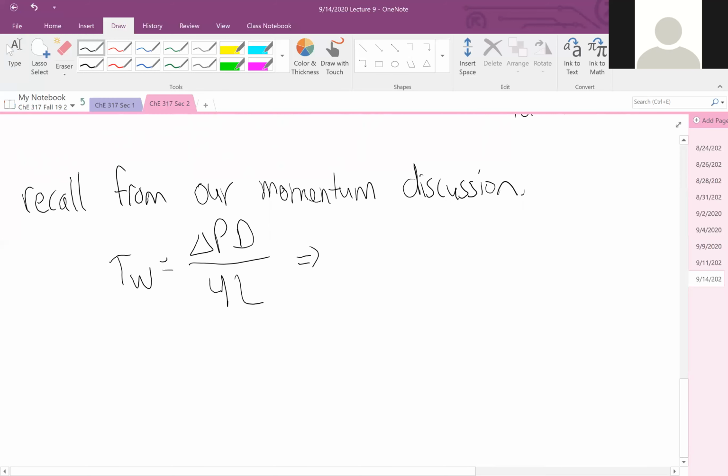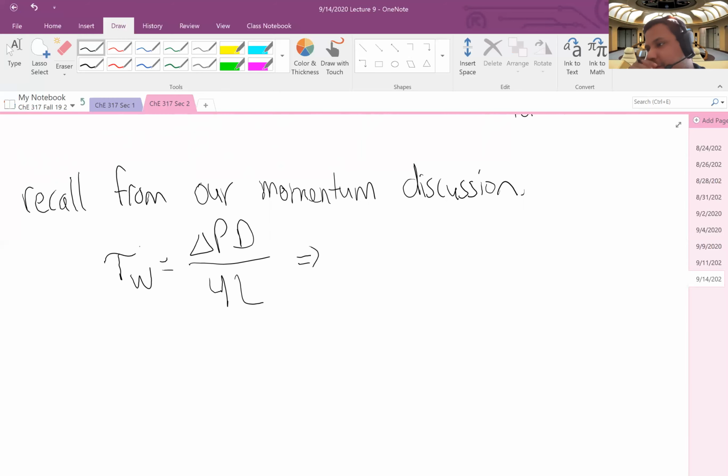Go ahead, Blake. What did you say? Was that supposed to be tau? Yes, it's tau sub W. It defines the shear stress that occurs primarily at the wall or the fluid-wall interface.